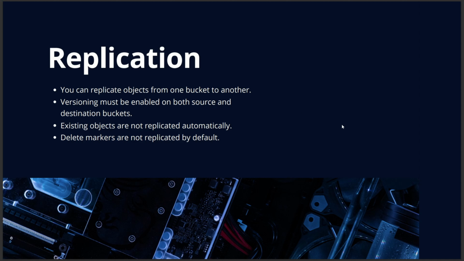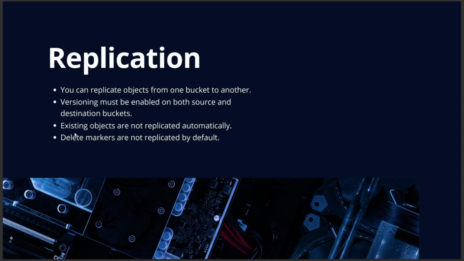to another bucket. A few important points to remember for replication: versioning must be enabled on both the source and destination buckets. In replication, as I told you, bucket A and bucket B, you will have two different buckets. One is called your source bucket, one is called your destination bucket, and both buckets should have versioning enabled.